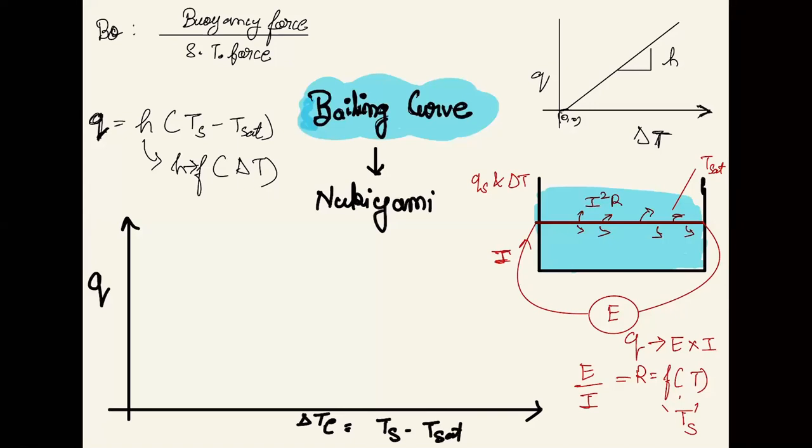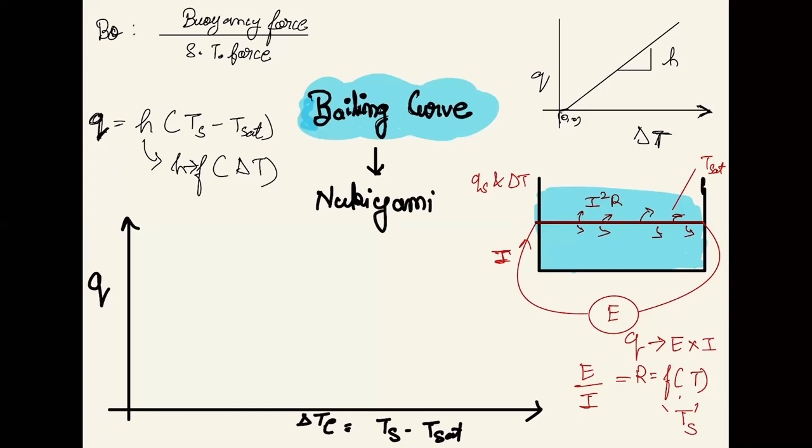Now, Nukiyama started his experiment. He started giving power to this particular wire, and then the wire started heating. Up to Tsat, it's okay. There is no boiling occurring, so everything is almost flat.